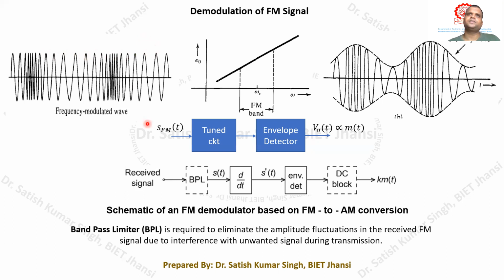When it is transmitted through the channel, it will add a certain amount of unwanted voltage or current waveforms, generally referred to as noise. At present we have not studied noise, but generally noise affects the magnitude part.